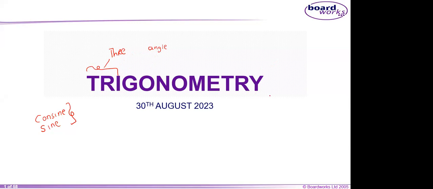So in trigonometry, we mainly look at angles. And which angles do we look at? We are mainly looking at sine, cos, and tan. So in trigonometry, we have three important ratios: one is called sine, another cosine, another tangent.